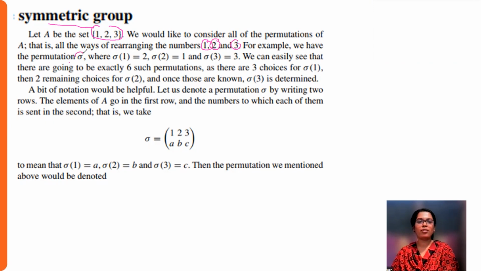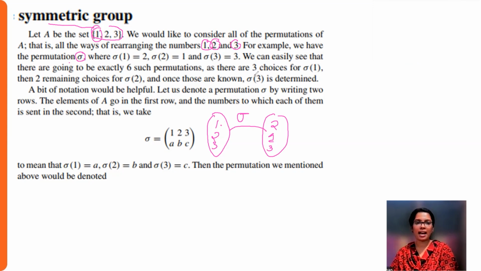For example, we define the permutation sigma, which takes the number 1 to the number 2, number 2 to 1, and number 3 to itself. This is one permutation we can have.